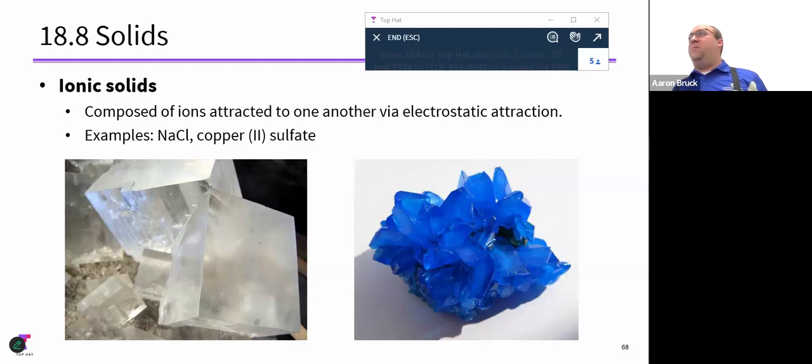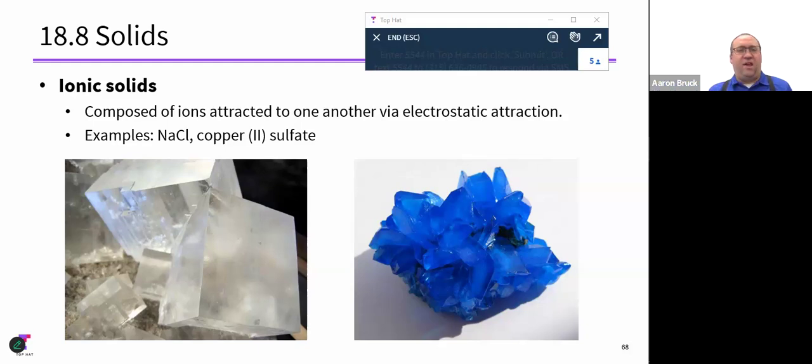When we talk about metallic structure and metallic properties, we'll see that ionic compounds tend to follow similar patterns. As a result, we get a lot of similar crystalline appearances and structures here.